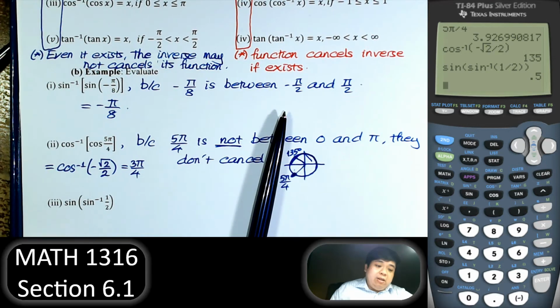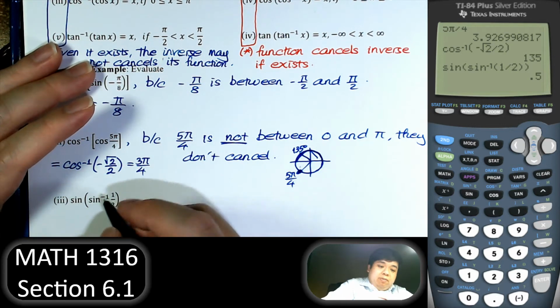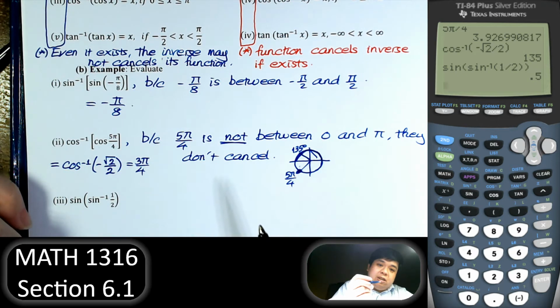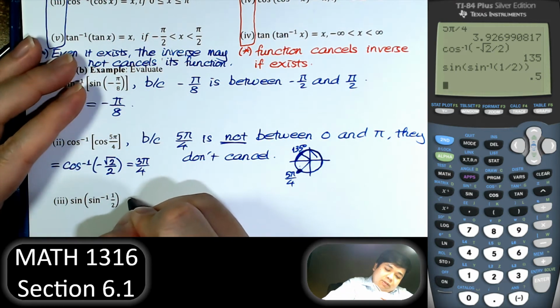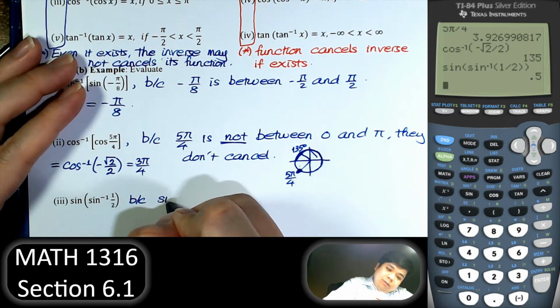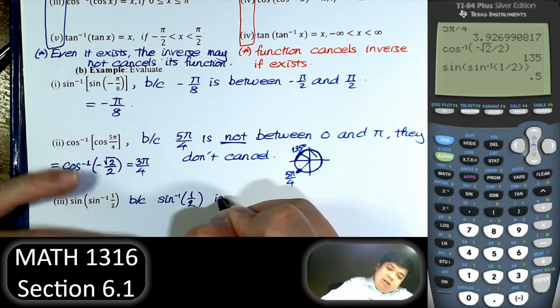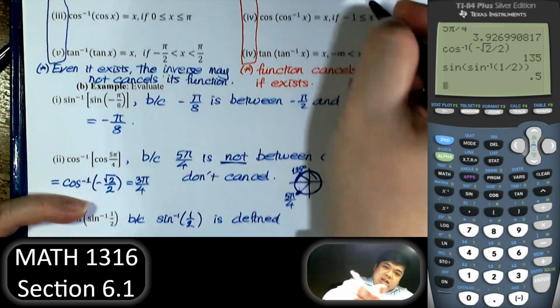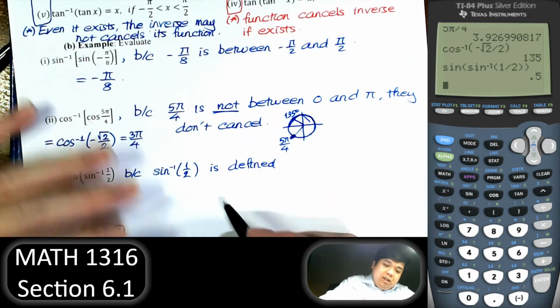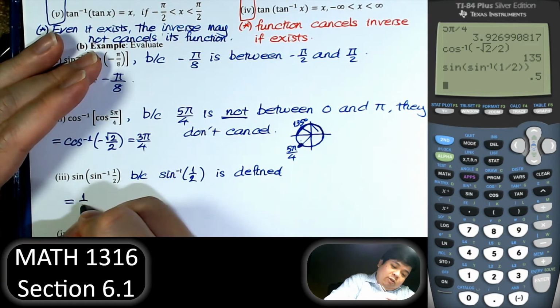Yes, it's 1/2, because 1/2 makes this function defined. Because it is in the domain, that's why it is defined. So they just cancel out to 1/2 for sure.